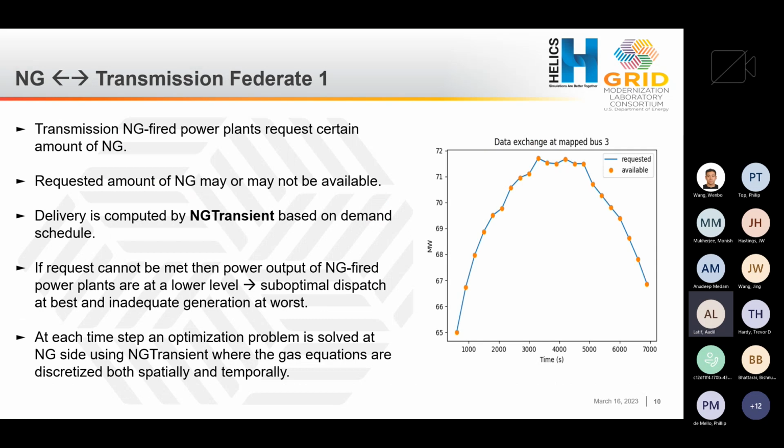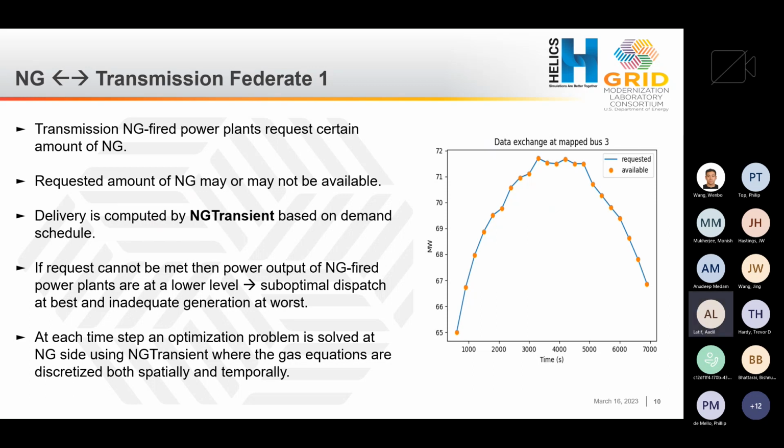All right. I just wanted to highlight a few pieces here as well. Within the natural gas federates, the transmission is requesting a certain amount of natural gas, a certain amount of power, right? The request may or may not be available given whatever the constraints are within the natural gas model, right?